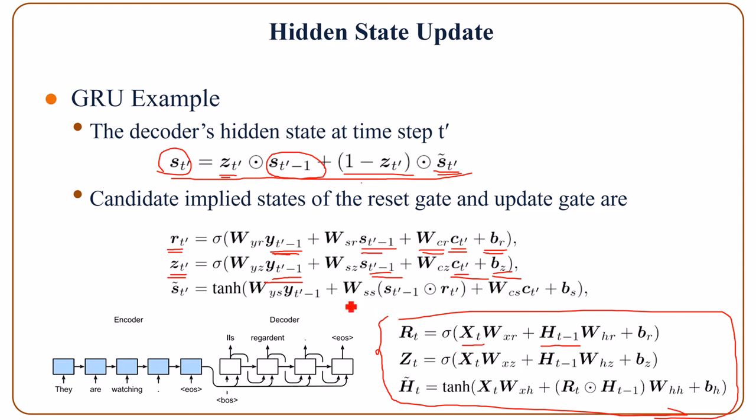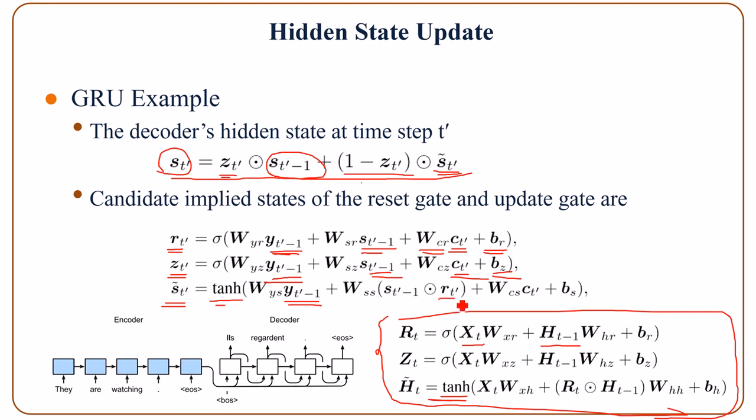And eventually the candidate hidden state at time step t prime in the output sequence also is a tanh function, compared to here and there. Instead of x_t, now you have the input from the previous time step, which is actually the output from that time step, y_{t'-1}.